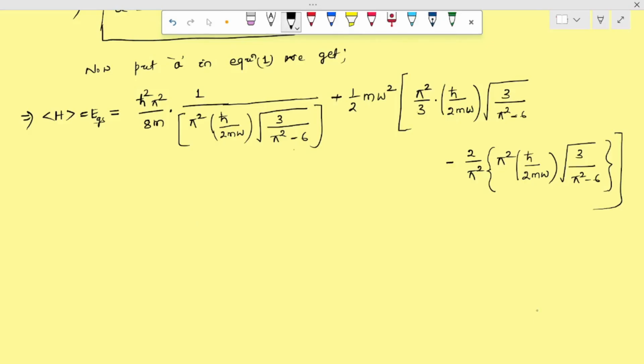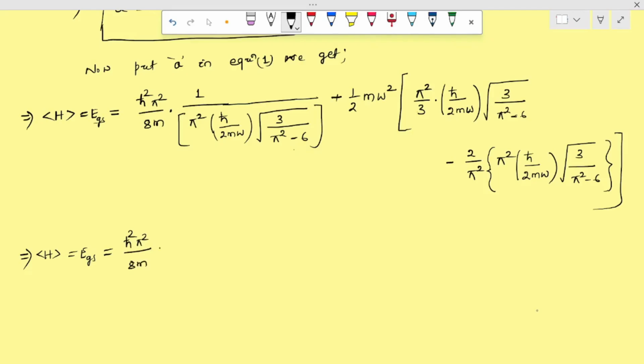Now we have to carefully solve this one. In your exam you can omit these steps, but here I am solving each and every step. Carefully you have to watch. It will be equal to, here first write ħ² π² by 8m.